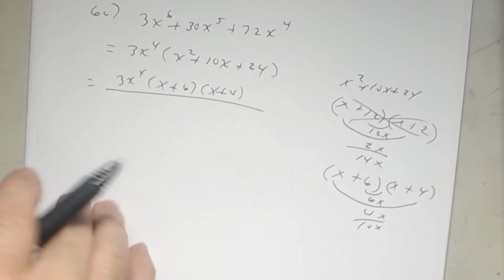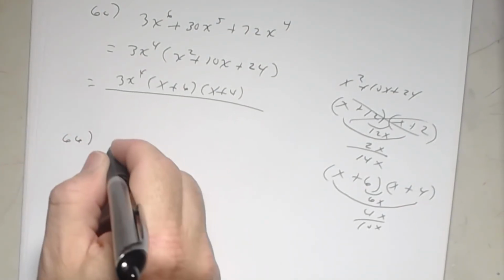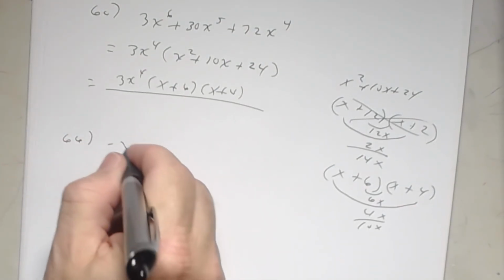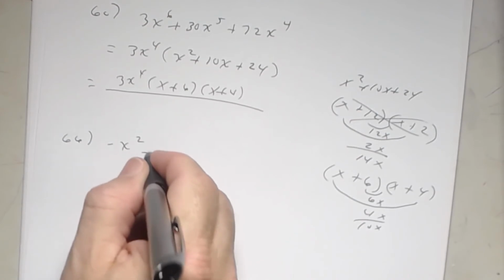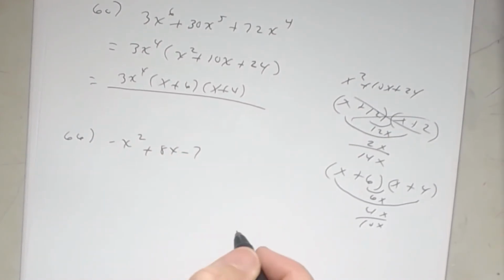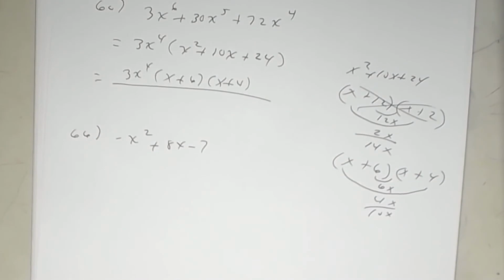Okay, let's look at 66. You have negative x squared plus 8x minus 7. Now the direction says to factor out the negative 1 first.